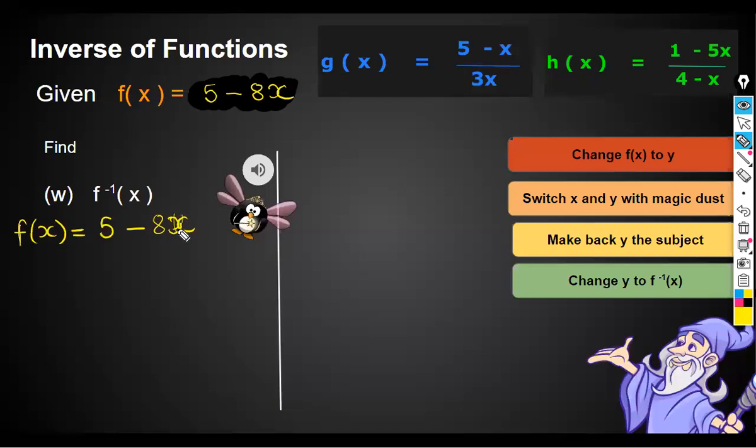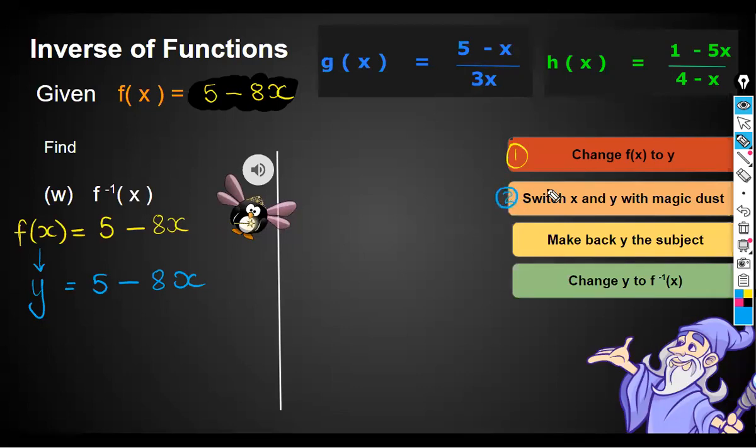And let's fix that up. So what we're supposed to do, according to step 1, we're supposed to change f of x to y. So let me do that. Change f of x to y. Nothing too amazing there. But then we go to what?